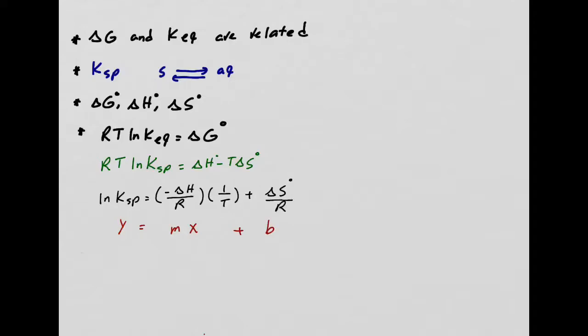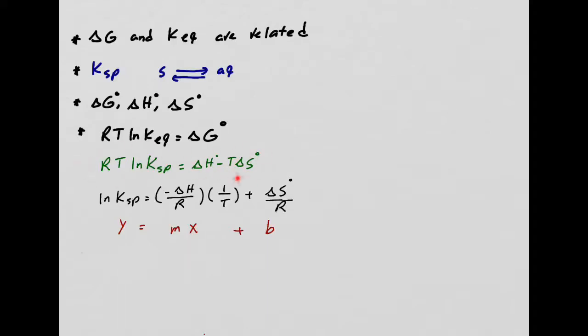So, let's take a step back. I want to make sure you understand this. Here's an equation that relates delta G and K equilibrium. I took this equation and, instead of K equilibrium, I used KSP here, the equilibrium constant of the solubility product. Delta G equals delta H minus T delta S, nothing new.